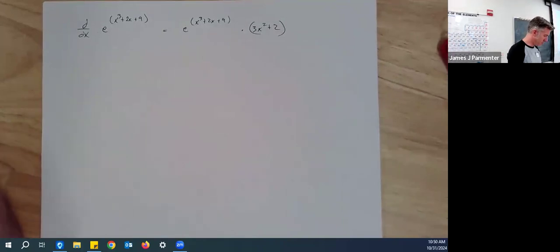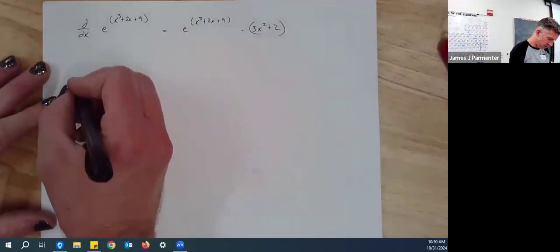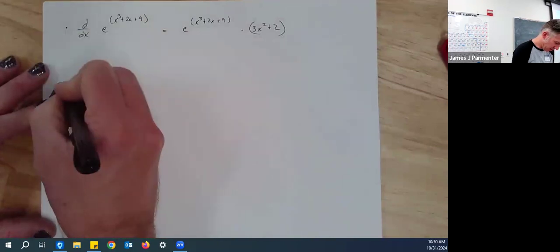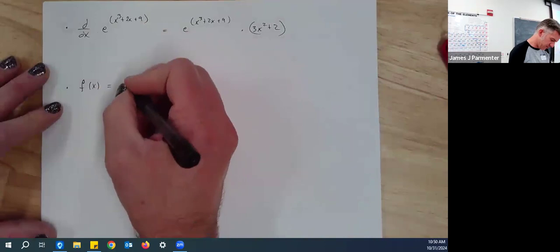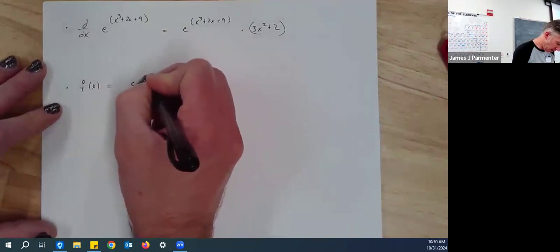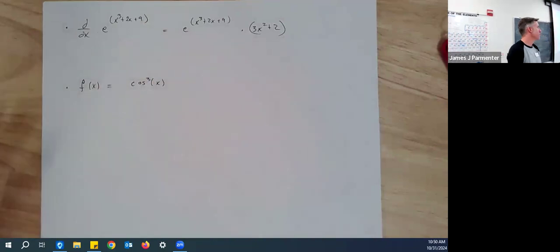Let's do two more examples like this, and then we'll talk about a nice way of doing this. So what if I wanted to find the derivative of f of x, where f of x was equal to, let's do this easier one first, and we'll do a harder one, cosine cubed of x. I haven't said these words yet, but when I'm looking at this, I'm always trying to look at the outer function, if you will.